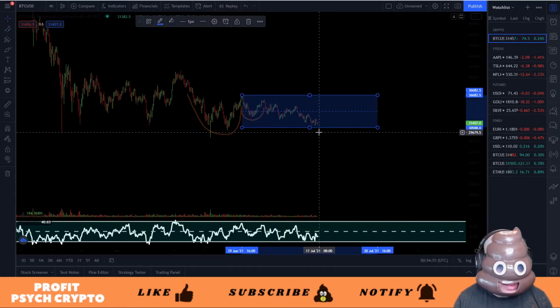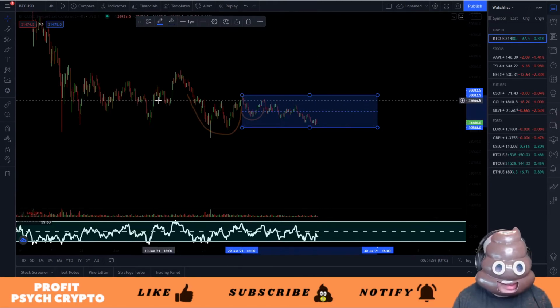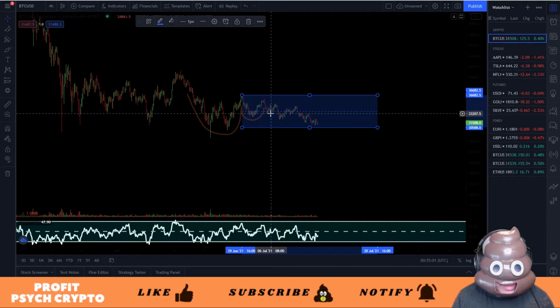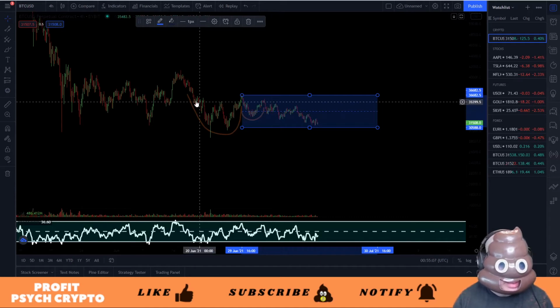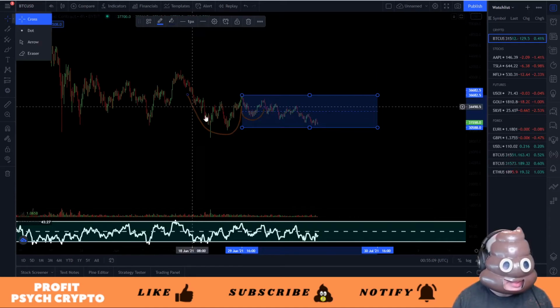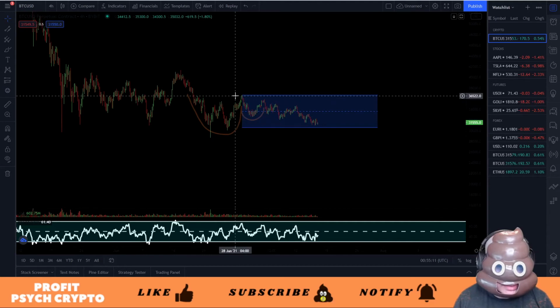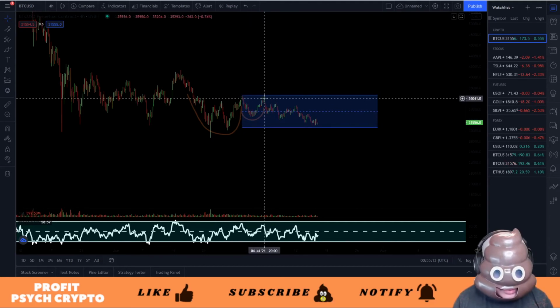And you can see in this case, look at that. Look at how much it's ranging. Now, there is a strategy to playing lopsided B and Ds, and a strategy to play the range. And that strategy to play the range is basically this. When price is testing the top of that range, that's when you're going to want to short.